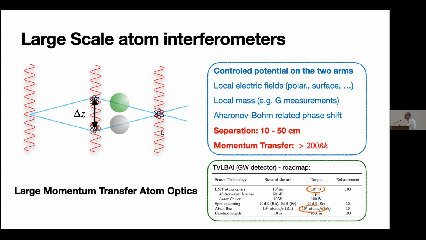We have also heard today that in the community there are projects that explore the possibility of creating new gravitational detectors based on interferometers with momentum transfer greater than 1000 h-bar K, and much more than that, if I have understood well.